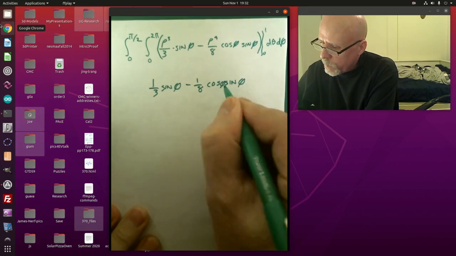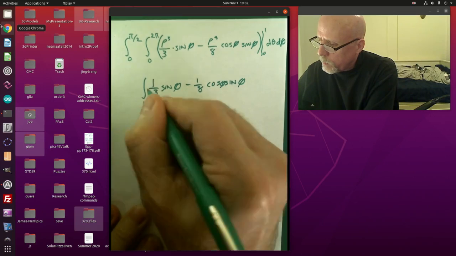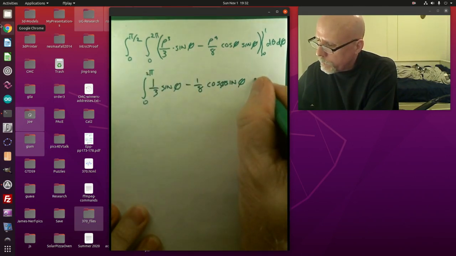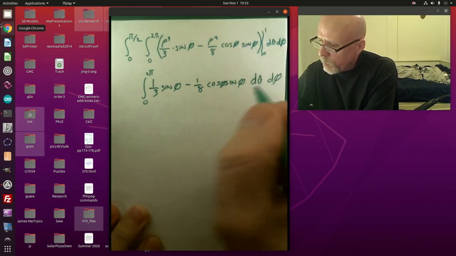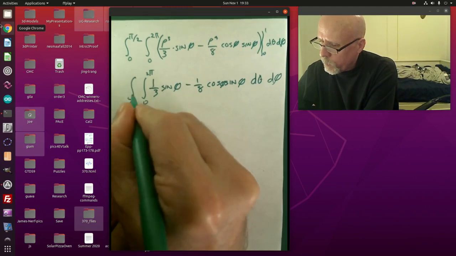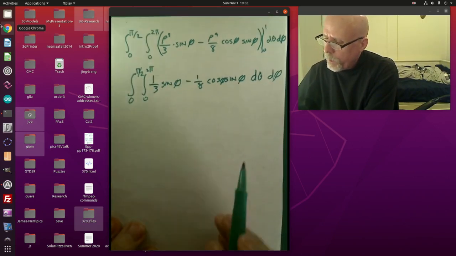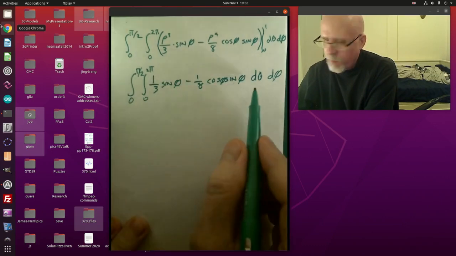Oops, cos phi sine phi, and we are going to integrate that from 0 to 2 pi with respect to theta, and then with respect to phi, we will integrate from 0 to pi over 2. Now, for the theta integration, all of this stuff doesn't involve theta, right?